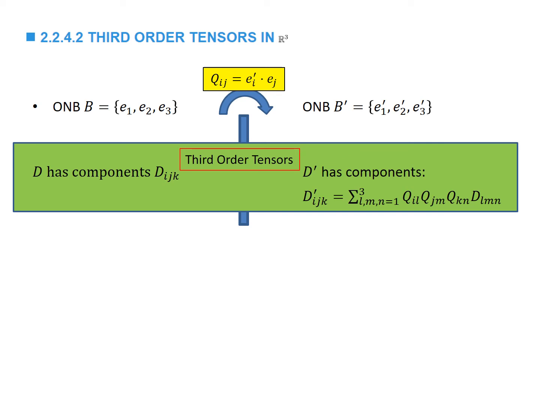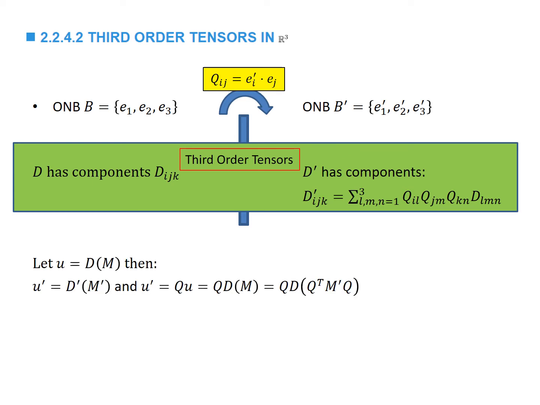To find this relationship, we're going to follow a similar procedure to how we found the previous relationship early in the course when we talked about the change of the basis set. So, to show this relationship, we're going to write U, which is the result of applying D to the matrix M, and U prime, which is the result of applying D prime, which is D but with the new coordinates of D, applied to M prime.